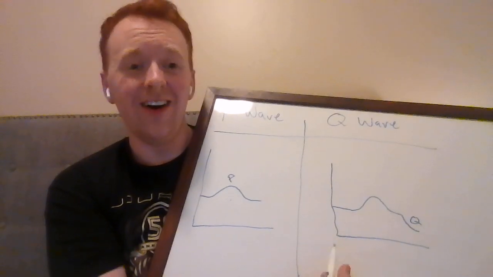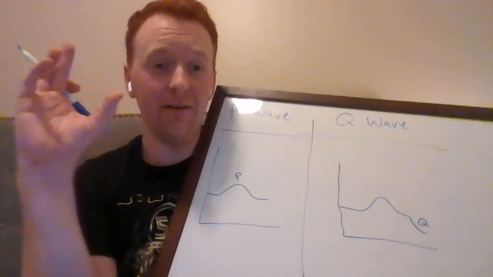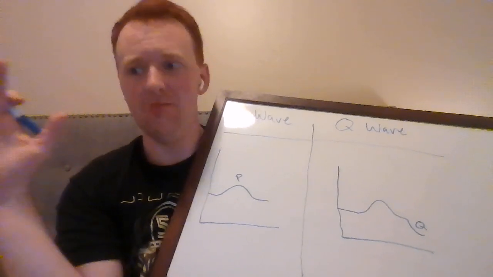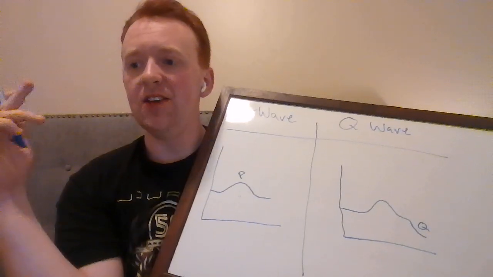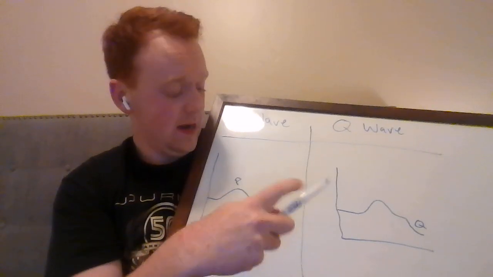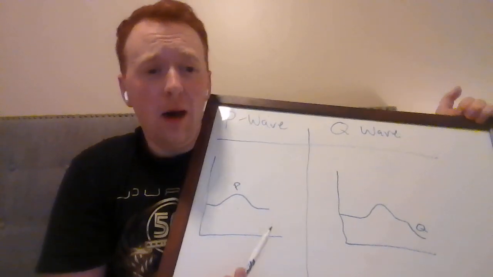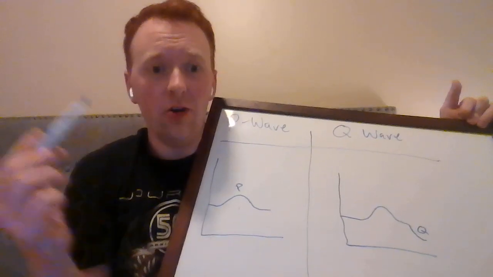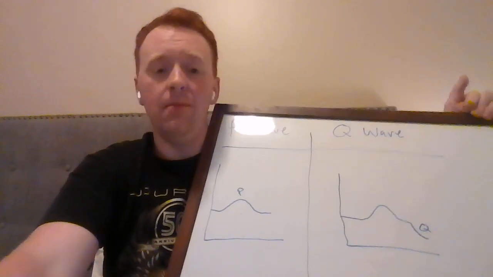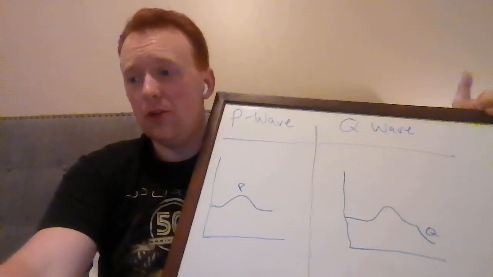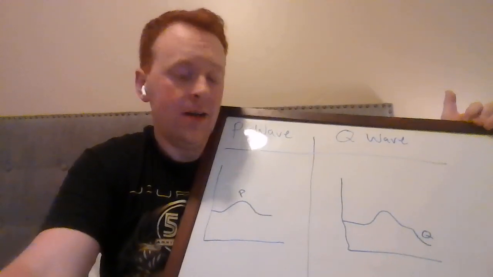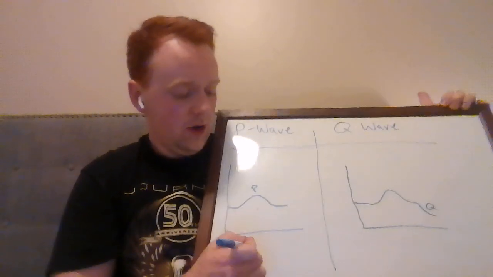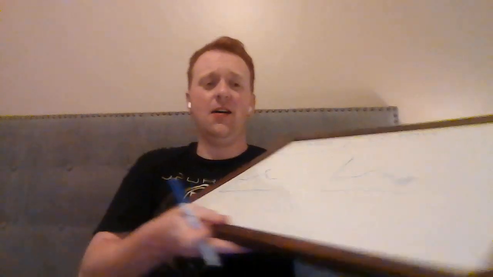Now, when we draw out the heart, we drew the atria, which are above the ventricles, the left and the right one. When the P wave is happening, when we're tracing a person's ECG, like heart rate and things like that, the atria depolarizes from the SA node. Let me draw this out.